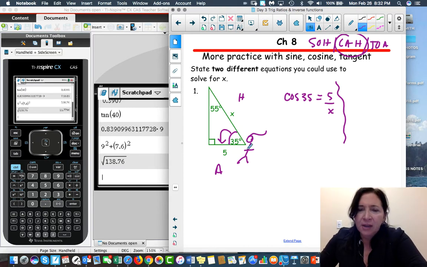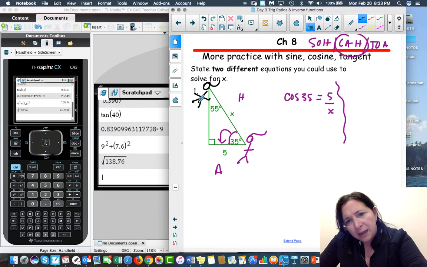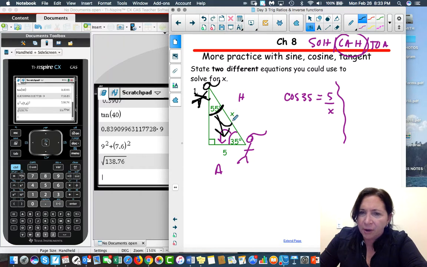But another way of doing that is to put yourself at the other angle. So now I'm here, at 55 degrees, and I have the side opposite, and I'm trying to find the hypotenuse. The side opposite is sine.